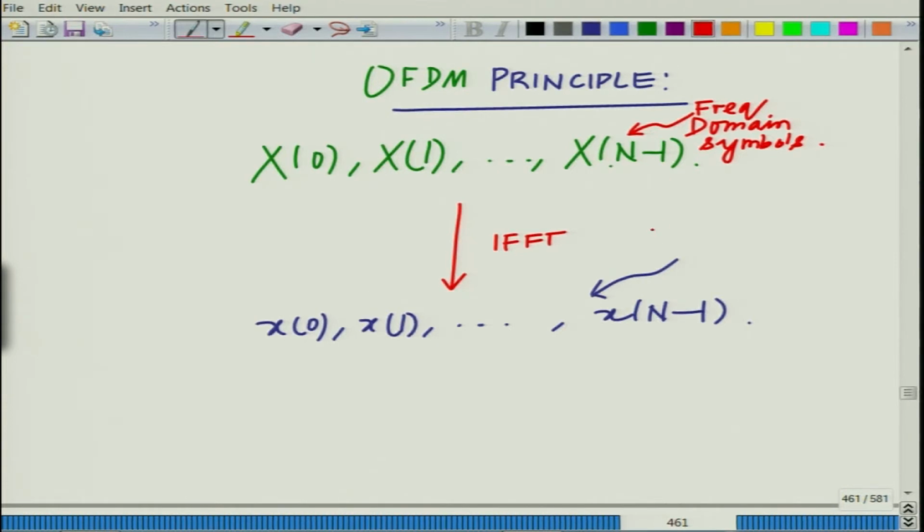So, these are the time domain samples which are eventually transmitted, but before that we have to do something else.